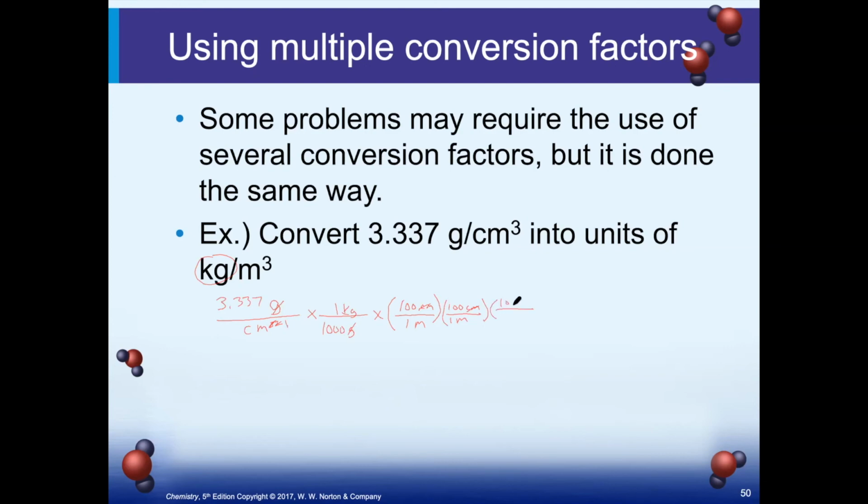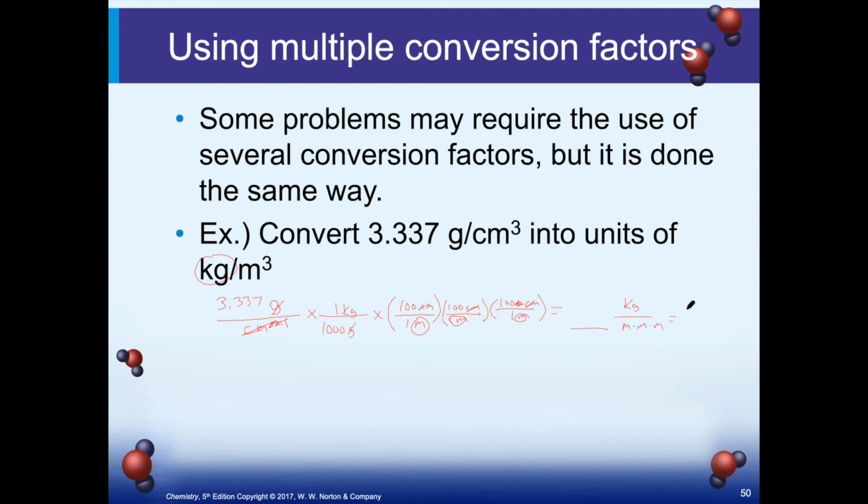100 centimeters for 1 meter. Finally, all of my centimeters have canceled, and now I have units of meters, 1, 2, 3. When you do that calculation, you just plug in all those numbers in your calculator and you get some answer, and your units would be kilograms over meters times meters times meters.